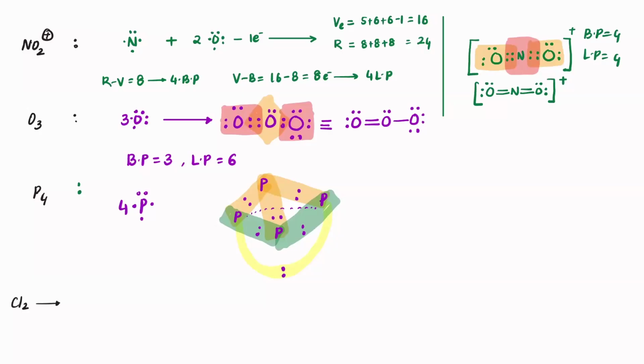So in the bond line form, if at all I write it, it is like P, P, P, and P. Here there is one bond, bond, bond, and bond. Between these two, there is a bond, and between these two, there is a bond, like this. This is how the bonds are. And each of them, to complete the octet, must have their respective lone pair on it.